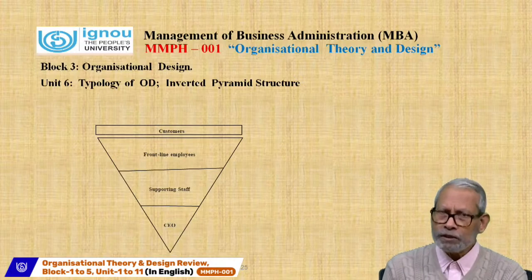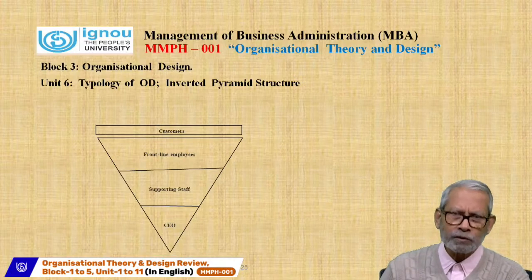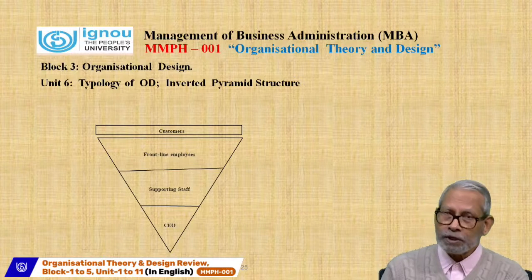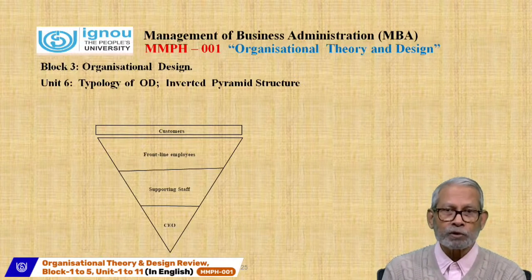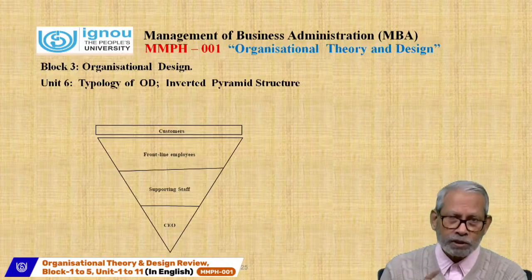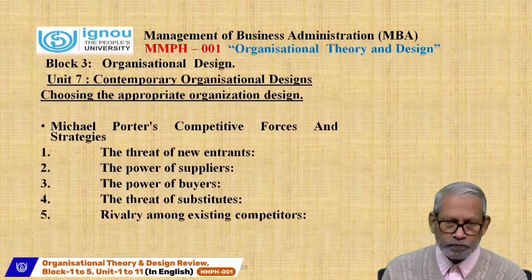In this case, the CEO at the bottom is just for strategy purposes, but day-to-day functioning and decision-making are by the frontliners also. That's why it is an inverted pyramid structure.